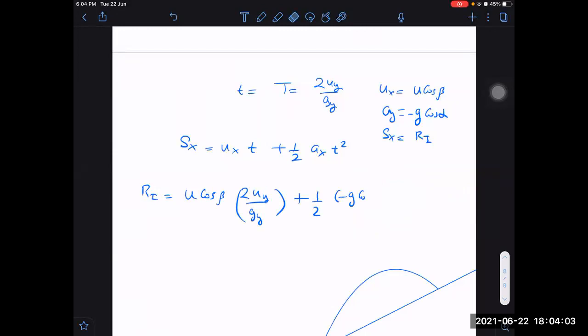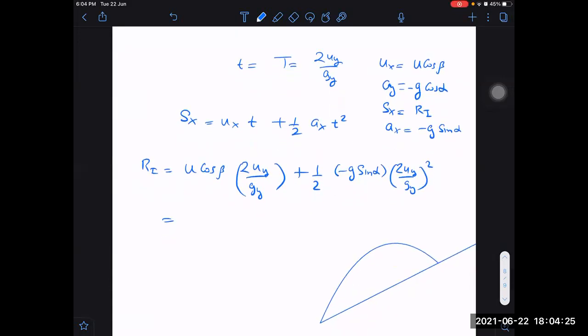This is wrong here. Oh, no, it is right. There it is right, but I don't need ay, I need ax. Ax is minus g sine alpha. Along the x-axis, along the incline, it is sine alpha. So minus half g sine alpha into time square, which is 2 uy by gy, whole square. Now I just have to put the values of gy and uy and I will get the answer.